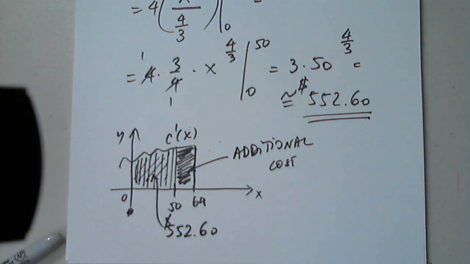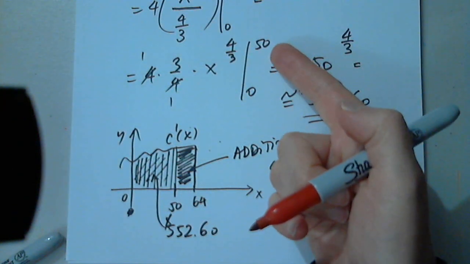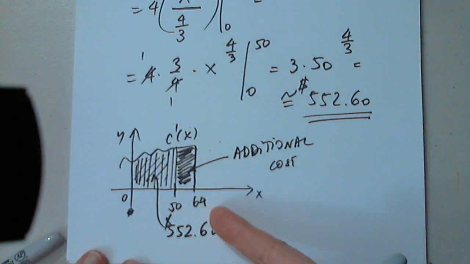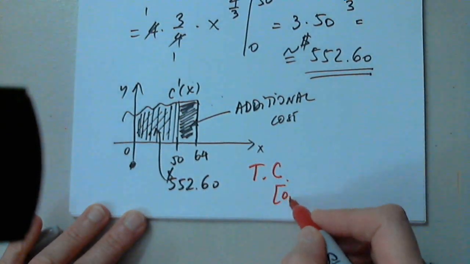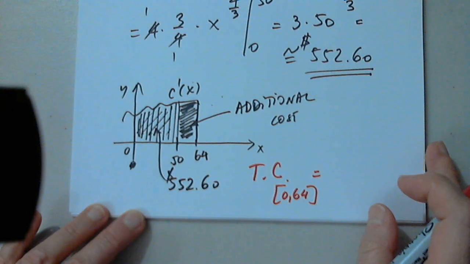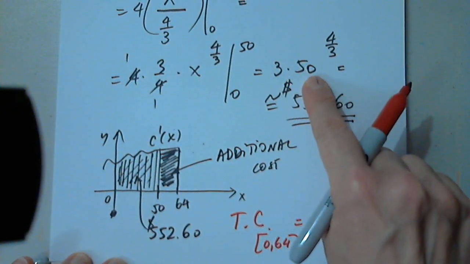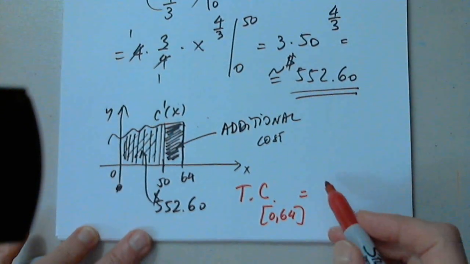So all I need to do in our calculations is simply replace the 50 by 64. So the total cost from 0 to 64 is 3 times 64 to 4/3.